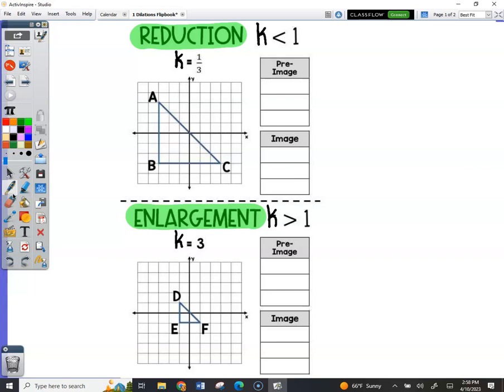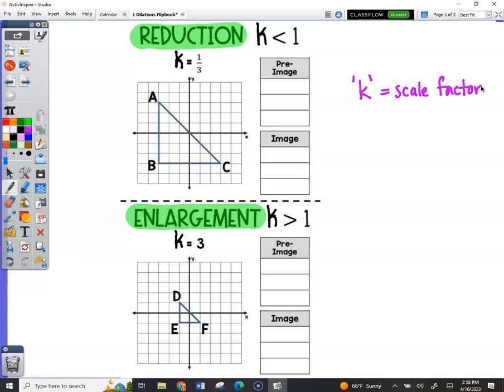So if on your sheet of notebook paper, maybe up above where you glued it down, since there seems to be a little bit of room, you may want to make a note that K equals scale factor. The scale factor is going to be a number.